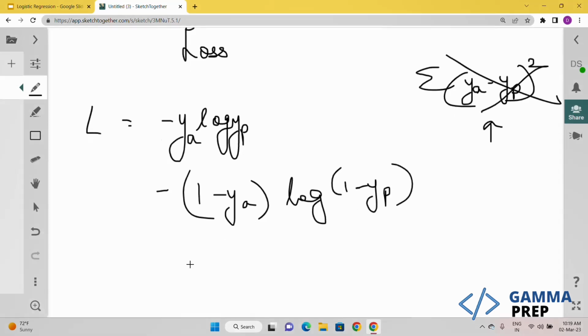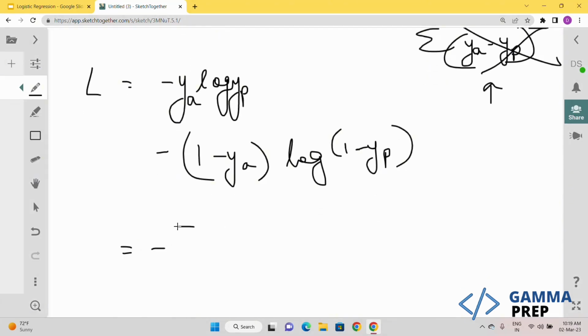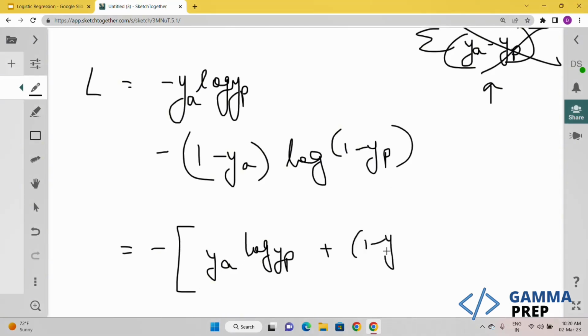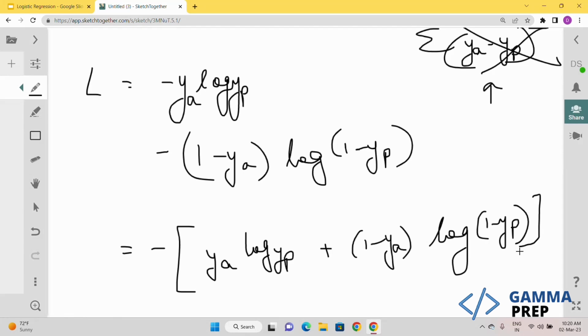Or if you take the minus common, it would become minus y actual log y predicted plus 1 minus y actual log 1 minus y predicted, like this.